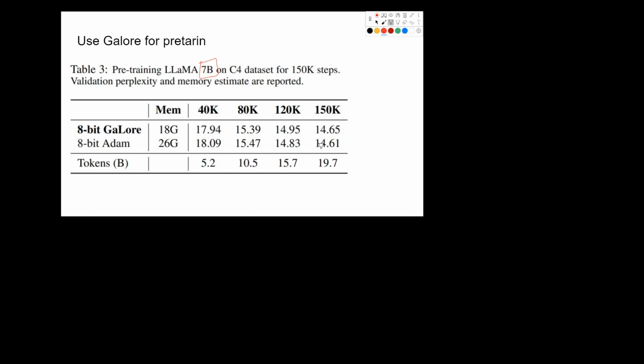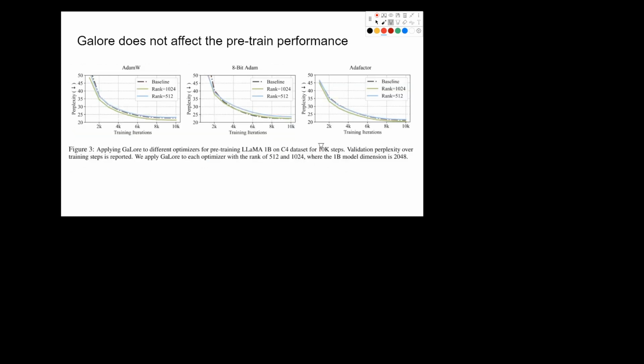We will see the performance, and you can see that GaLore's performance is very similar to 8-bit Adam in the full rank. So using much less memory but getting a very similar result. The graph will show more details.